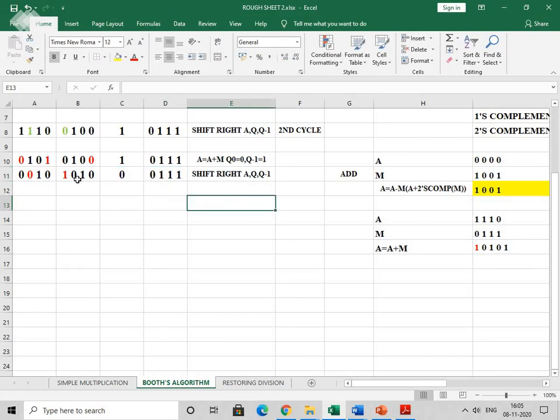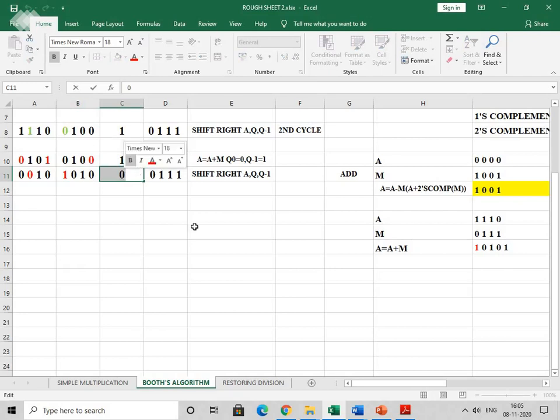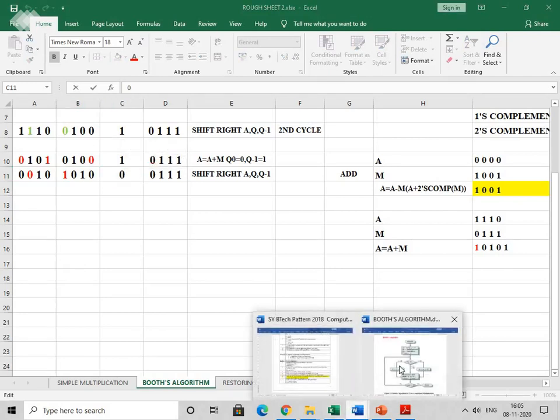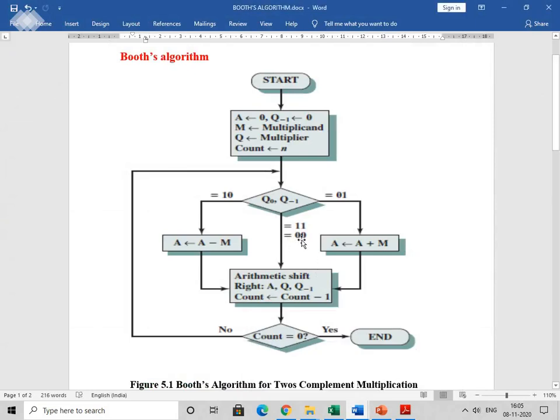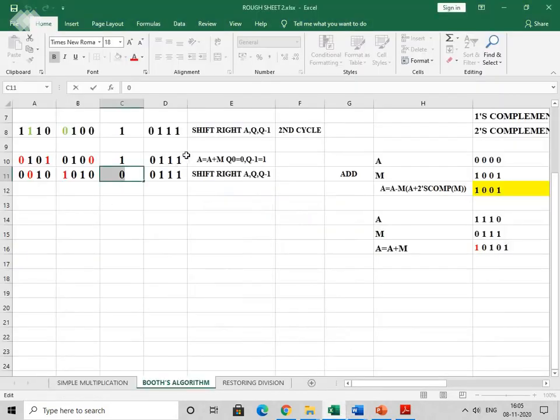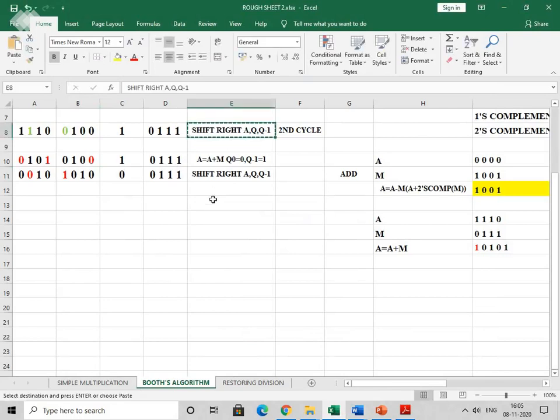Okay, next after that, now again observe the Q0 and Q minus 1 bit. Now both these are same, so again go to flowchart. See, if they are both 0 0, then do the arithmetic shift right operation. Content of A, Q and Q minus 1 are shifted to right. So we are going to perform the shift right operation here.